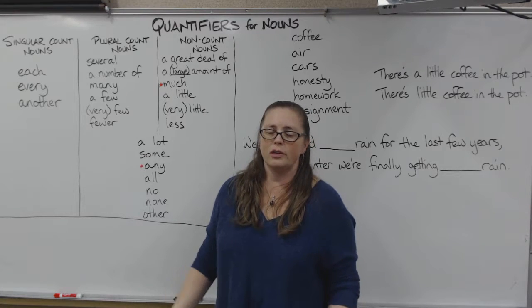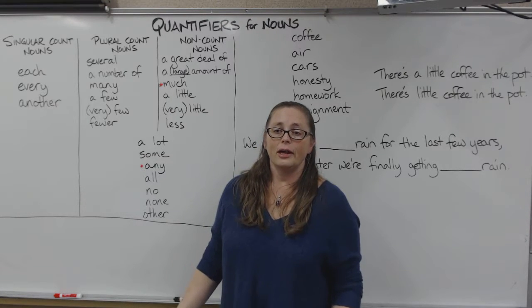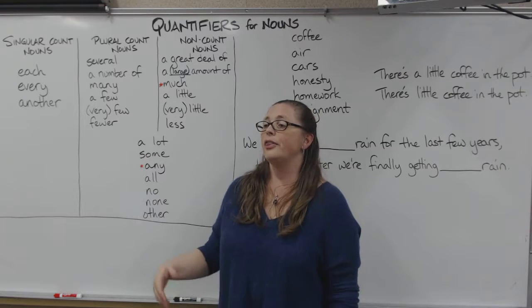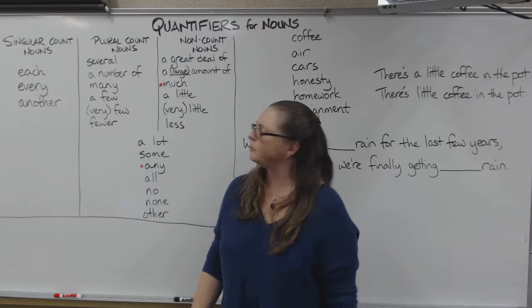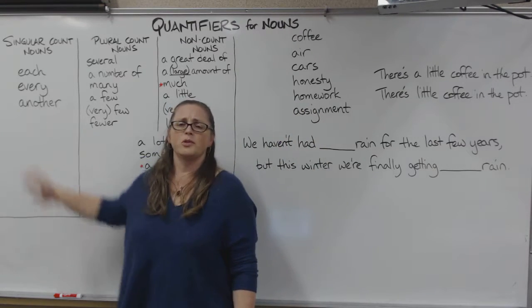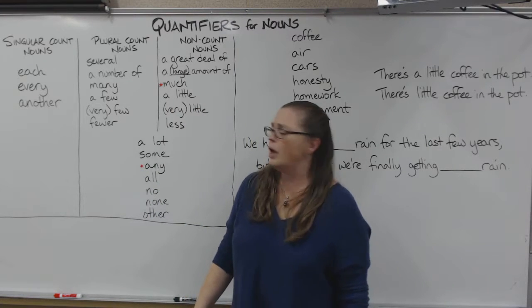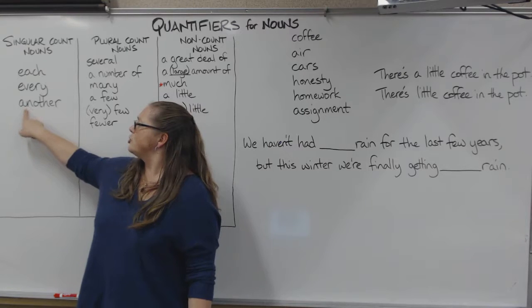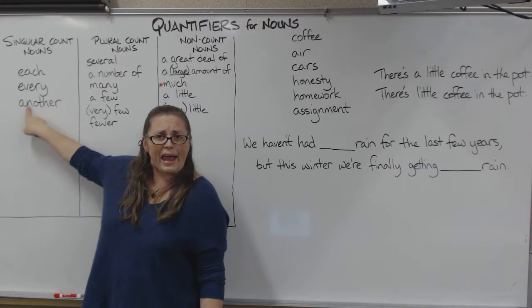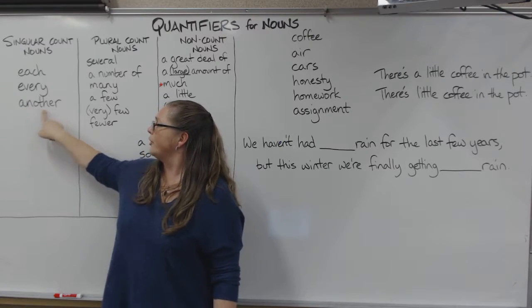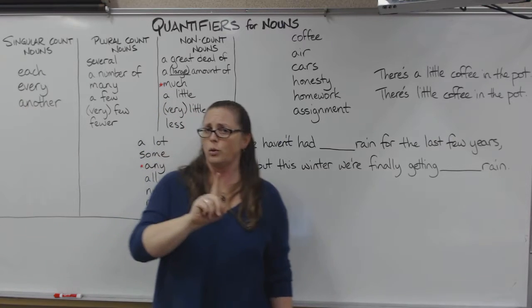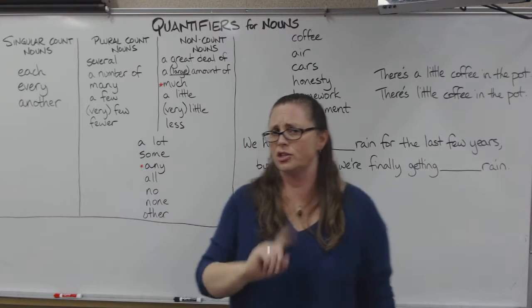So each window, every student, another table. I often see problems with another being used for plurals. This is just the article a and the word other. So just like a and is only used for 1, this is just singular.